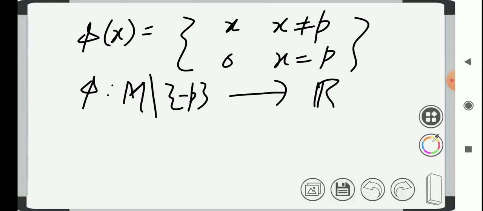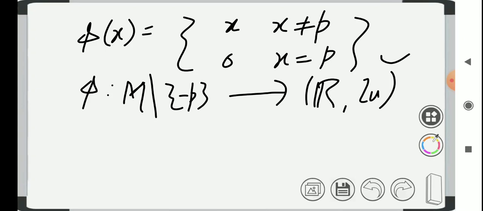Now we will show that this phi is continuous. That is, for R we choose the usual topology, tau usual. We have to show that every open set has an inverse image which is open here under phi, which will simply show that phi is continuous. So now any open set here in the usual topology will look like, let me prove it graphically.